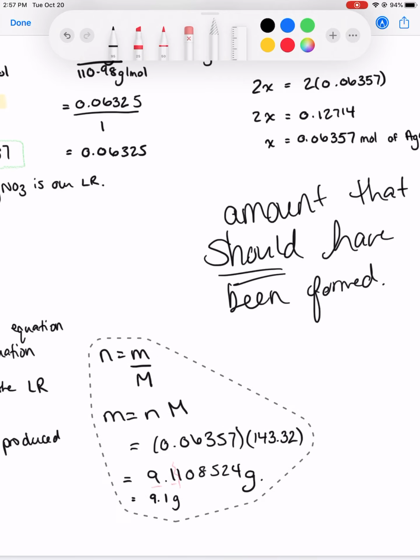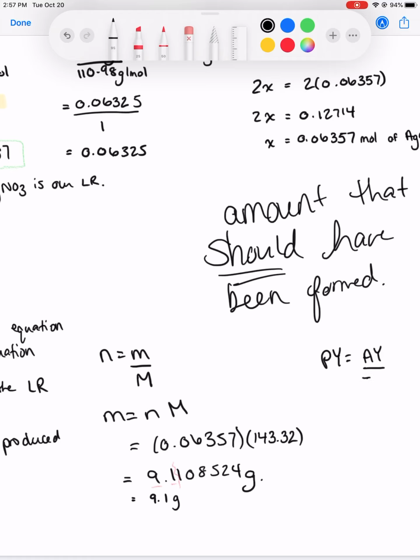Percent yield is actual yield over theoretical yield. So I'm just going to change it to percent. Actual yield is what we got. So when we ran this experiment, what was the outcome?